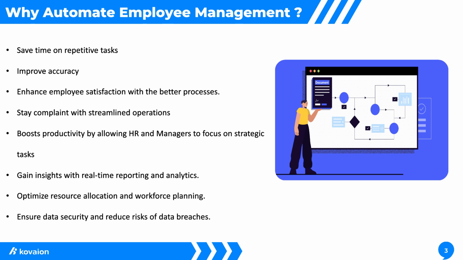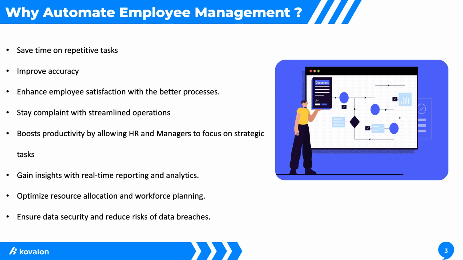Why should we automate employee management? The reasons are compelling. Automation not only saves valuable time by handling repetitive and difficult tasks, but also ensures improved accuracy, significantly reducing the chances of human error. It directly enhances employee satisfaction as they experience smoother and more efficient processes.